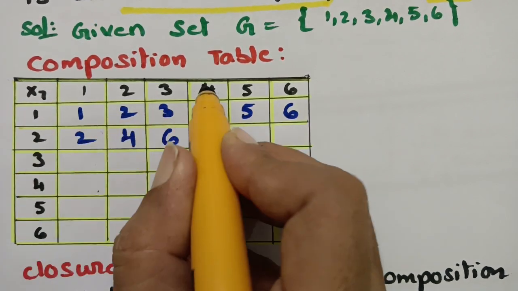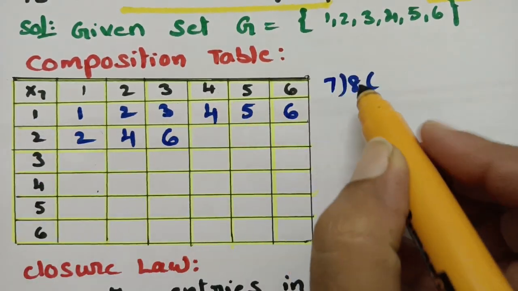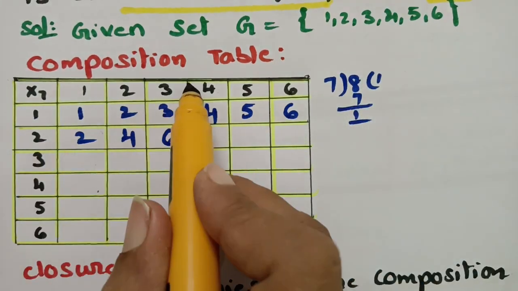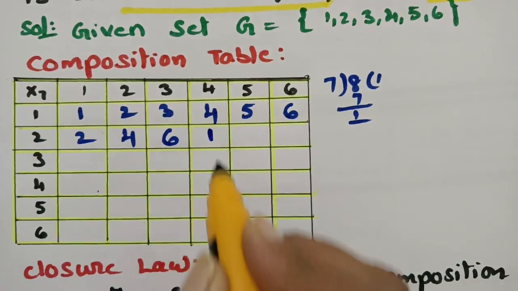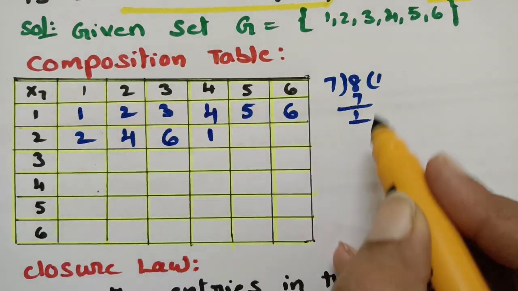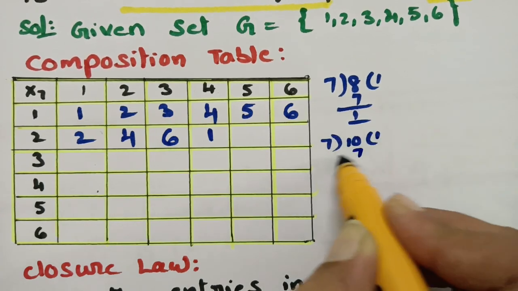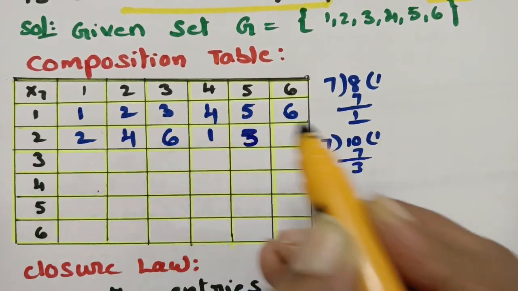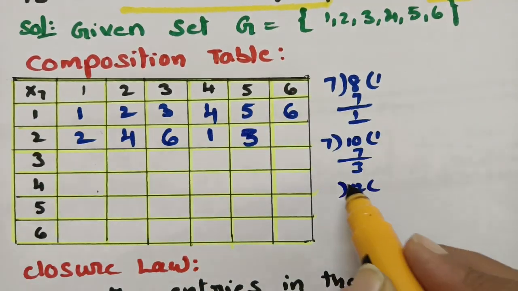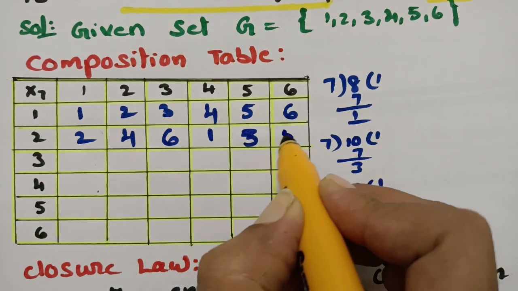Next, 2 fours are 8, and when divided by 7, the remainder is 1. 2 fives are 10, and 10 divided by 7 gives remainder 3. 2 sixes are 12, and 7 ones are 7, so the remainder here is 5.